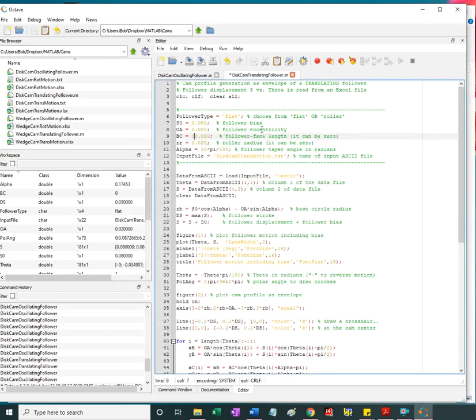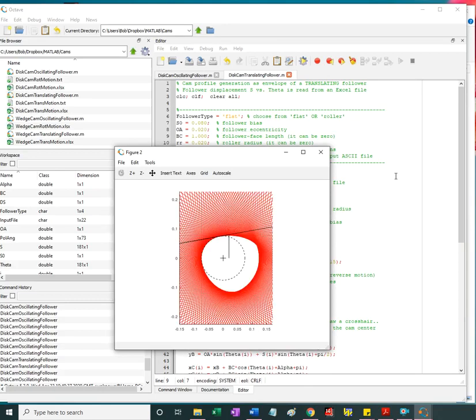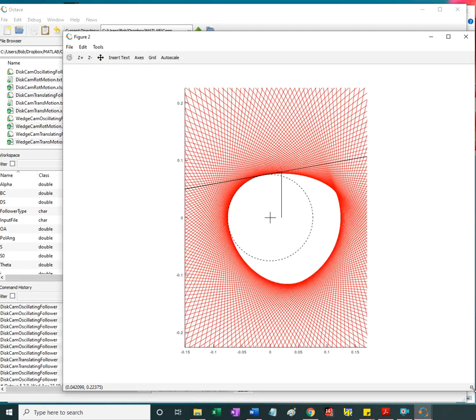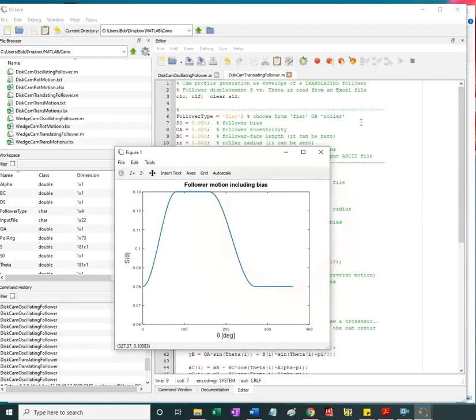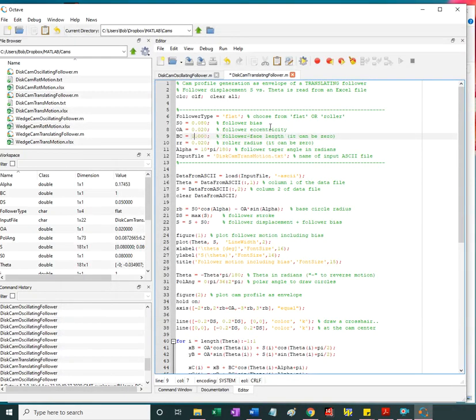So I need to have a follower face. Yeah, that was it. And you would need to make it long enough that it envelopes. Now it's too long, but it got the cam profile for us. Okay. So, yeah, probably a better length would be only 5.